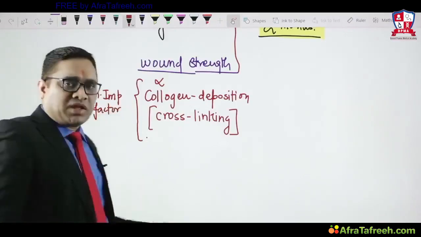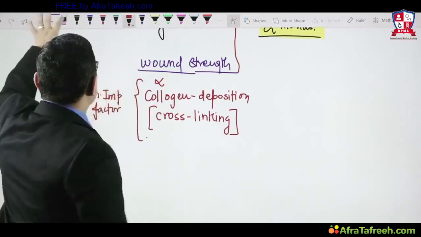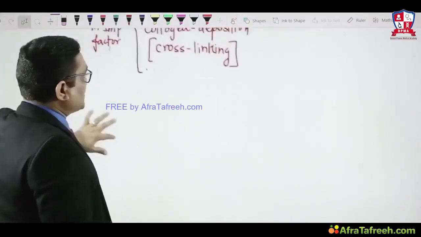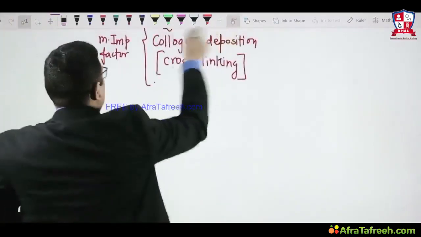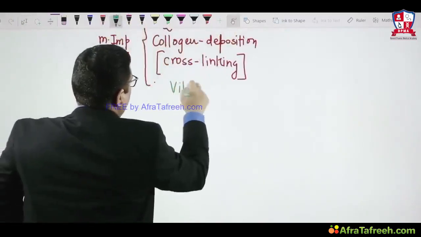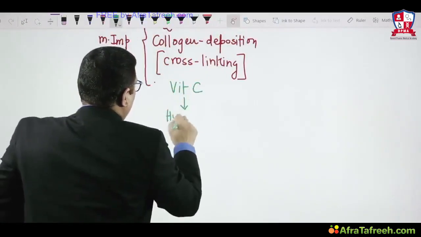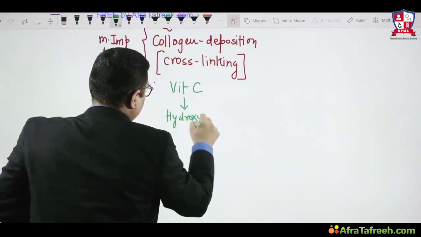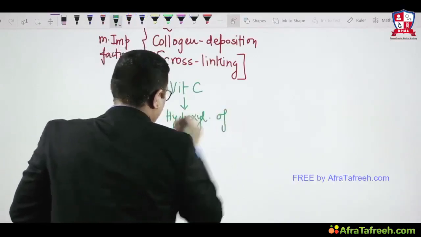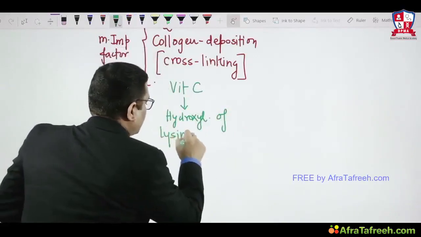Cross-linking of collagen will require which vitamin? That is another important MCQ which the examiner had asked in the AIIMS exam, and All India exam also. For this, we need to understand that vitamin C is the most important, right? Because vitamin C will perform hydroxylation of lysine and proline.